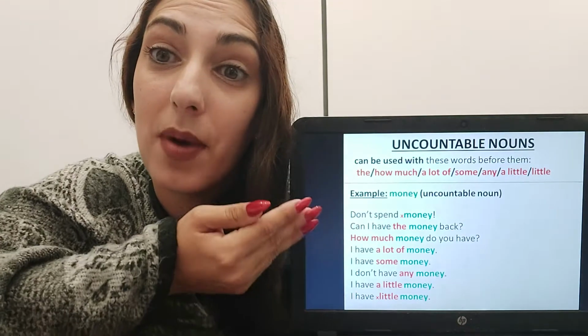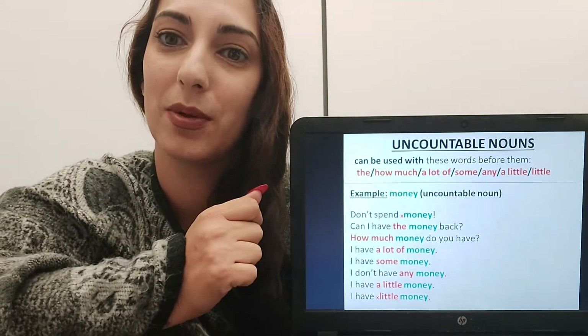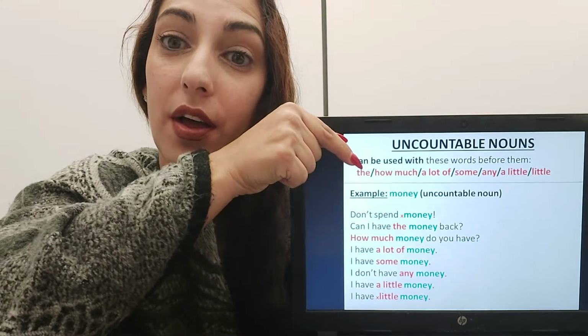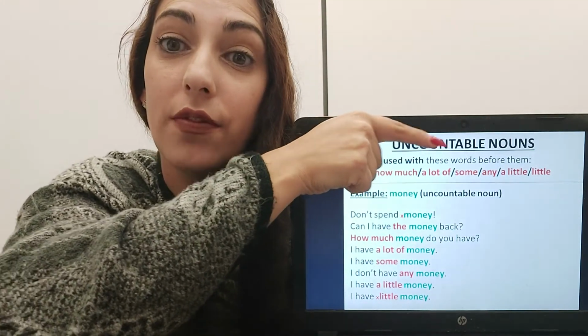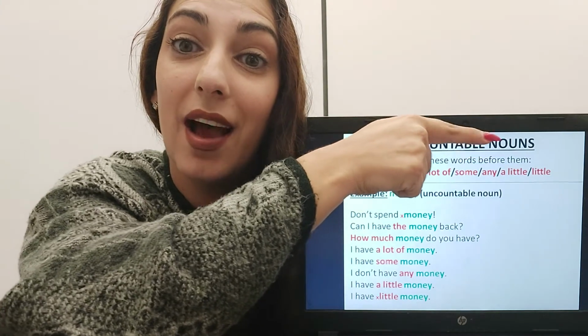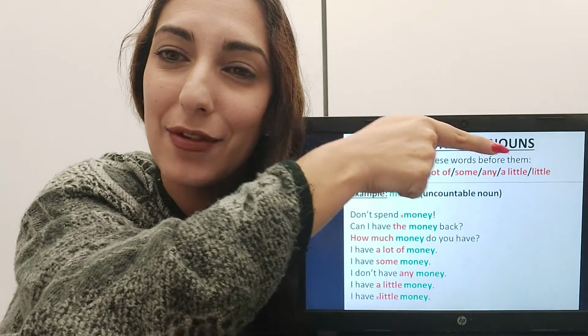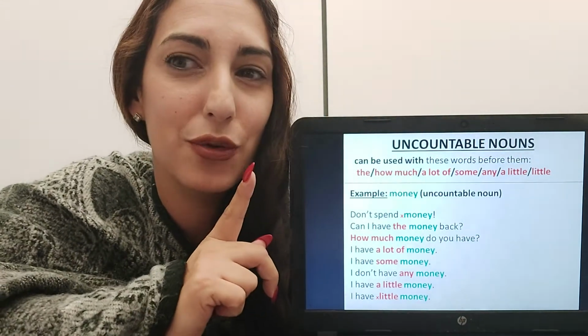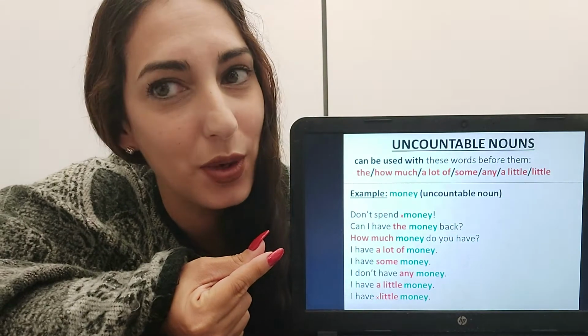Now, there are some other words apart from a and an that we can use with uncountable nouns. These are the, how much, and that's for questions, a lot of, some, any, a little, and little. Now, a little and little have a small difference, and I want to explain it to you really quickly. A little means a small amount, but an adequate number.